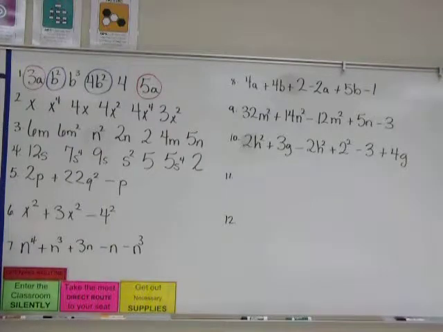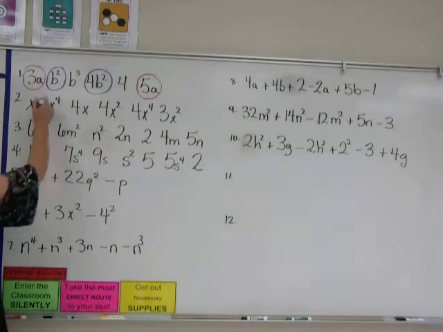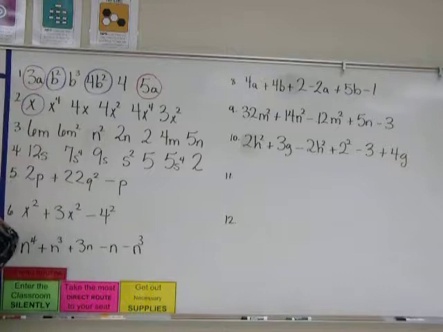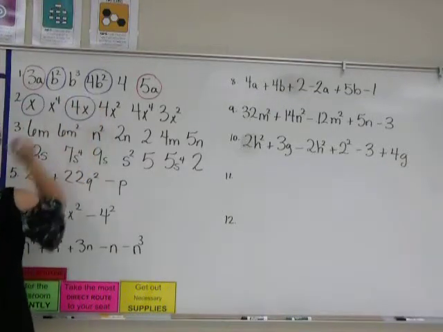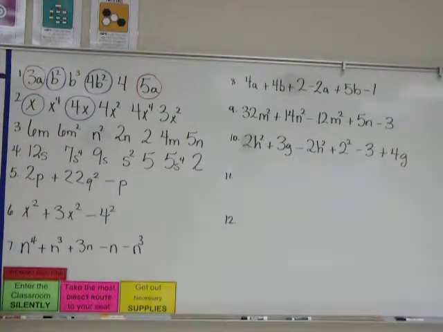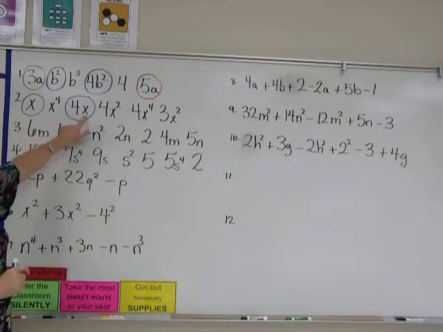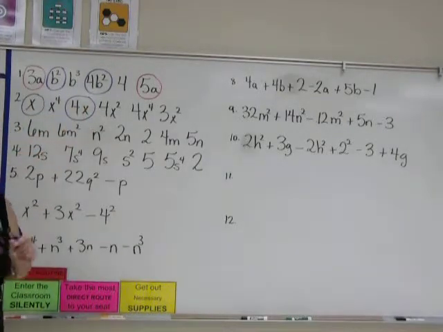When you look at number 2, you had x's raised to no power, x's raised to no power. Those two are like terms. Again, the definition for a like term said they had to be the same variable raised to the same power. And you wrote that definition yesterday in your notes if you took notes.